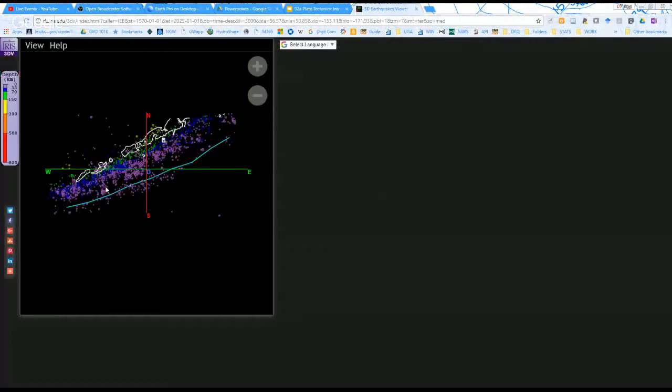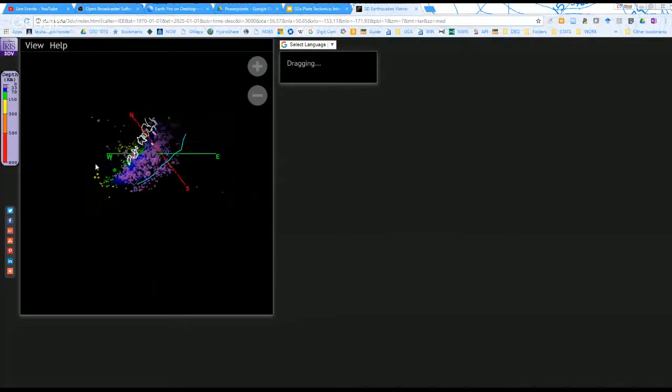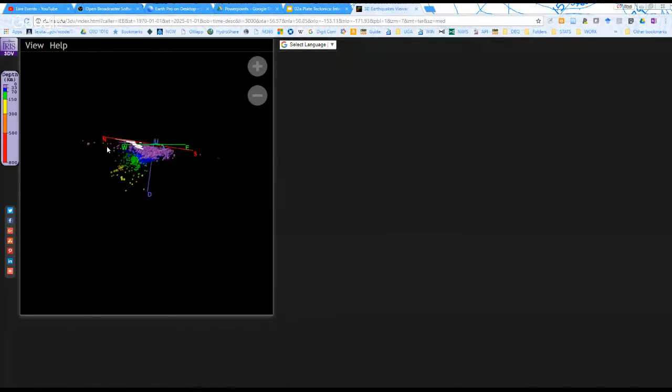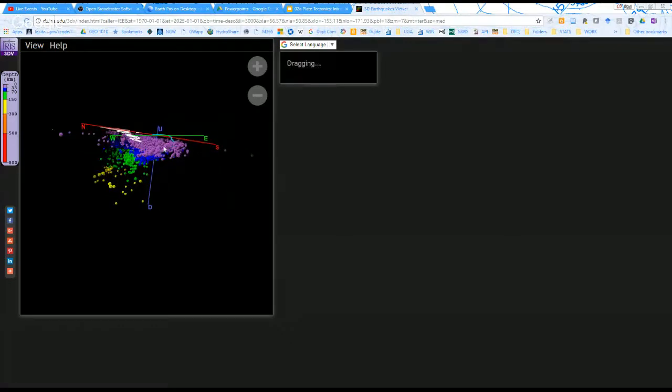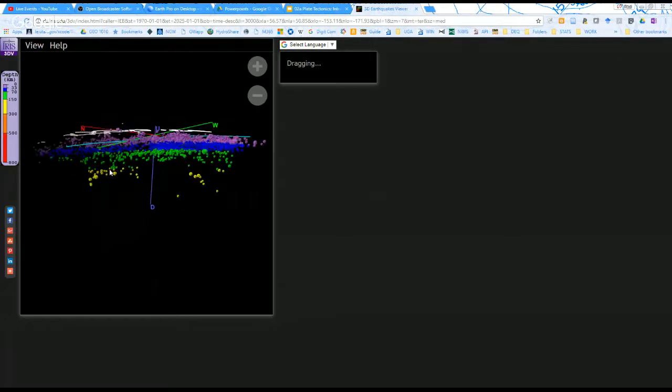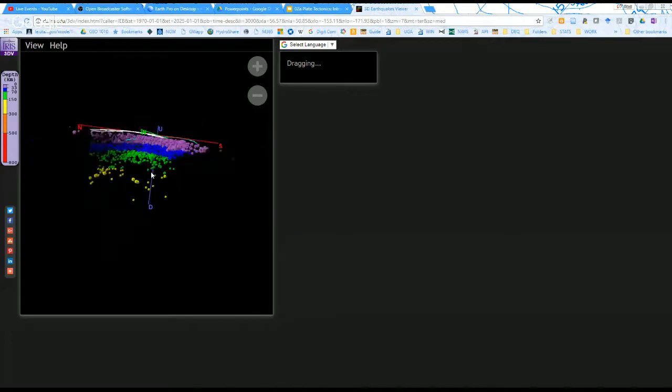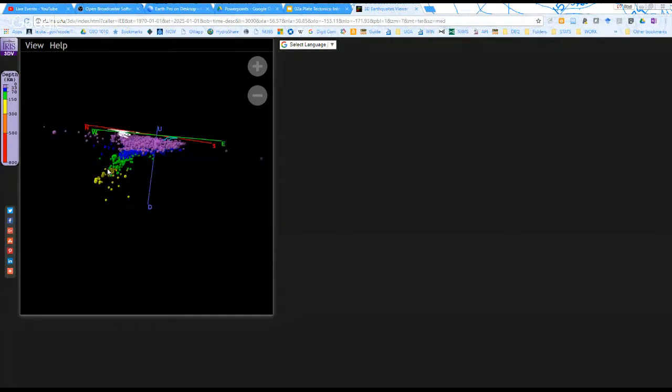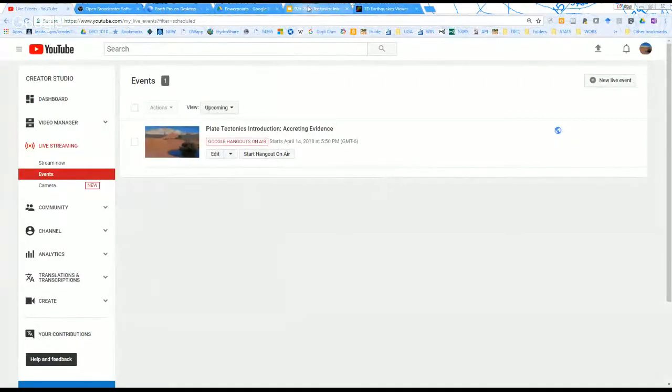And if you look at IRIS's amazing webpage, you can take a close look at patterns of earthquakes that we've been measuring, and we have the ability to figure out exactly where these earthquakes are happening. And if you notice, this purple area is near the surface of our planet, and you go from blue to green to yellow as you go deeper, and you can see that earthquakes are essentially outlining what we later understood to be subducting plates, or pieces of oceanic crust diving down into our planet along deep ocean trenches, right?